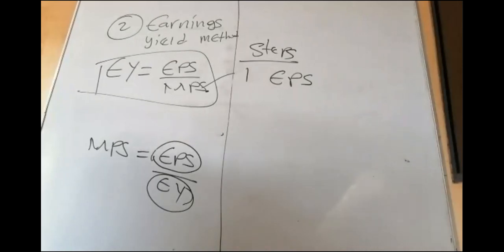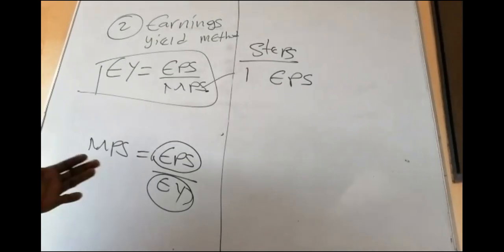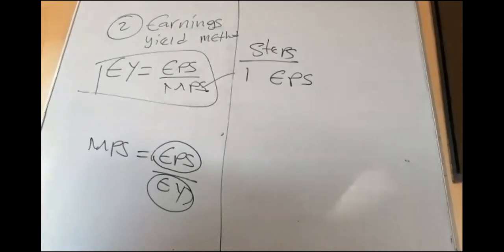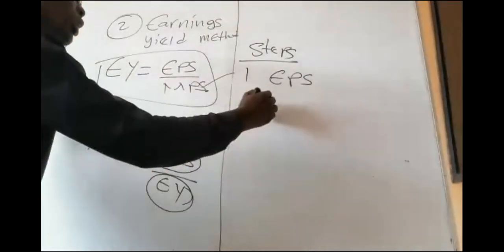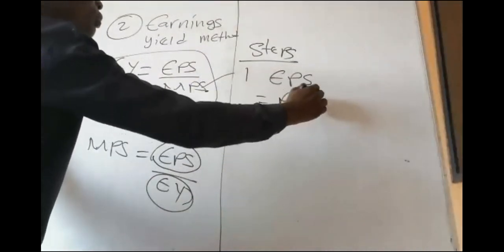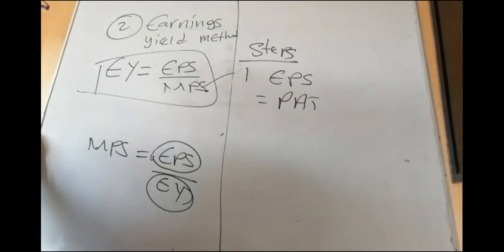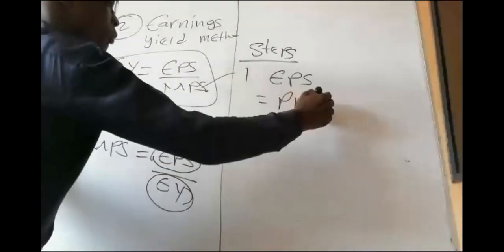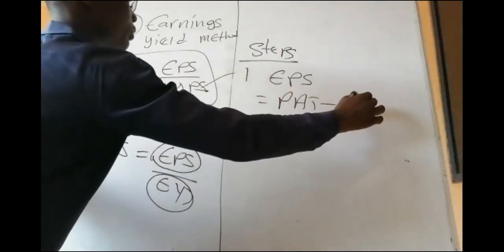If you are valuing Sweet Potato, you first calculate its earnings per share. It is the profit after tax, less any irredeemable preference dividend, all divided by the number of shares.